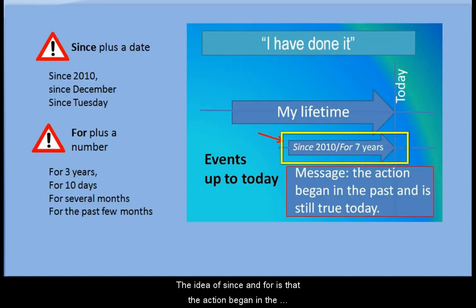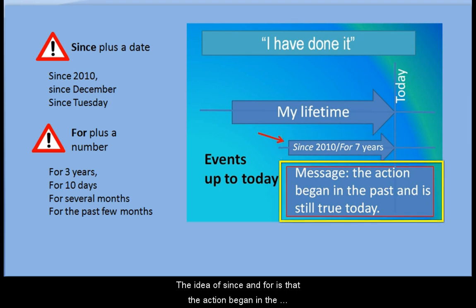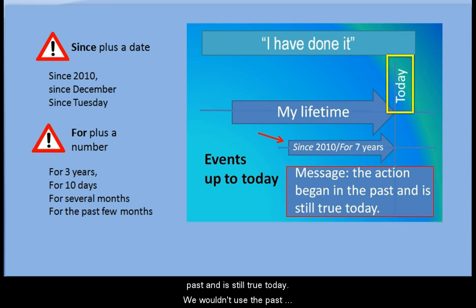The idea of since and for is that the action began in the past and is still true today. We wouldn't use the past simple because the action or event is still true today. Past simple is in the past, no connection to today. Since and for is probably the easiest present perfect context for learners.